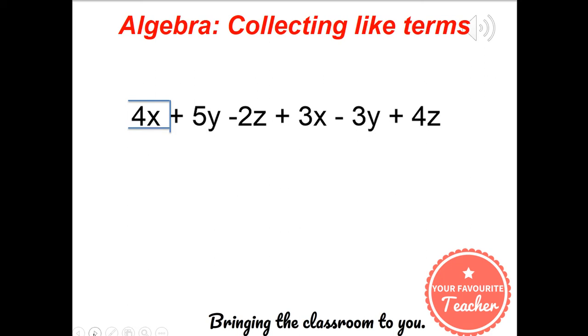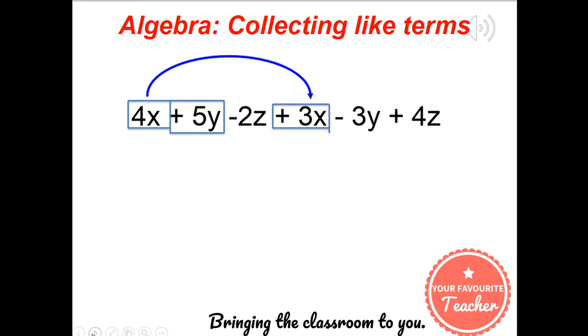We have 4 x's, and we have plus 3 x's somewhere else in the expression. So if we combine those two things, we get 7 x's. 4 plus 3 is 7.